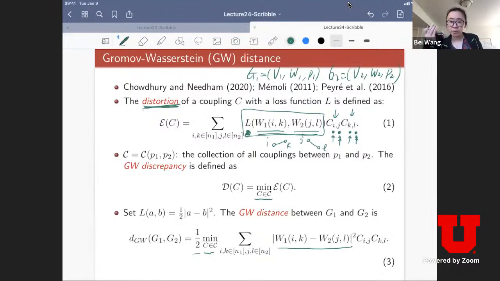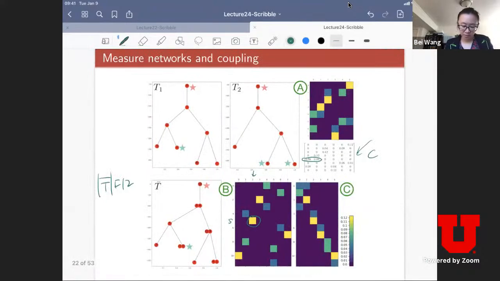And that's the GW framework. At the end of the day, when I optimize this equation, I will find the best coupling matrix that minimizes the distortion. Let me give a very precise example.